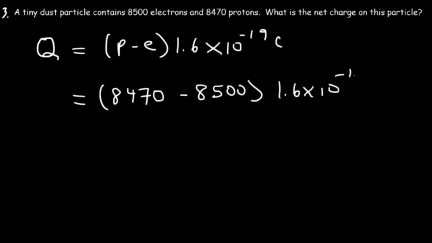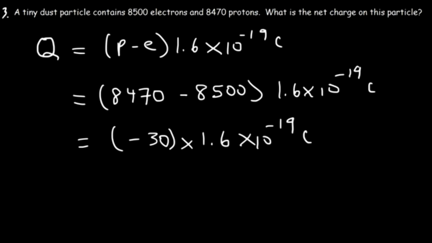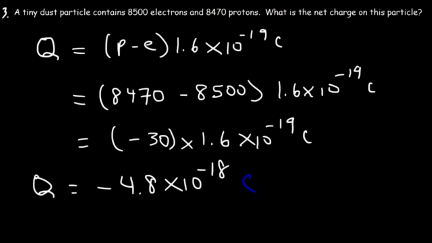If we subtract those two numbers, it's going to give us negative 30. And we want it to be negative because there's more electrons than protons, and so the total charge has to be negative. So the final answer is simply negative 30 times 1.6 times 10 to the negative 19. So the total charge is negative 4.8 times 10 to the negative 18 coulombs.